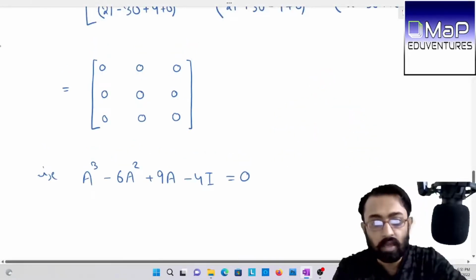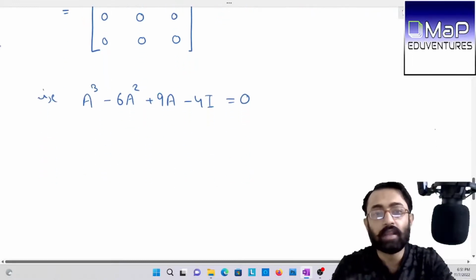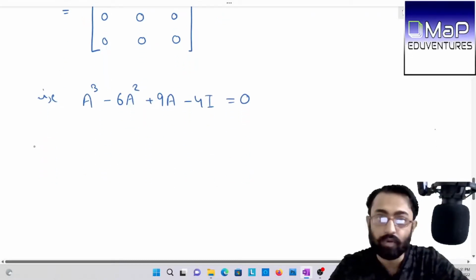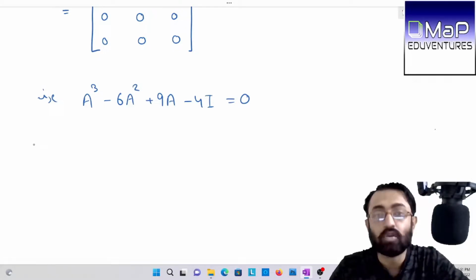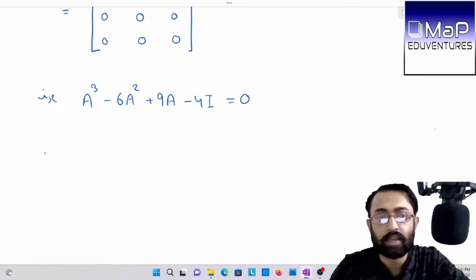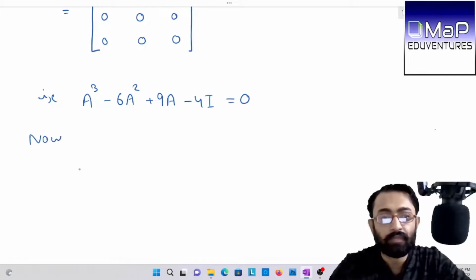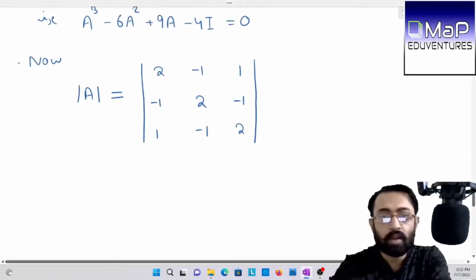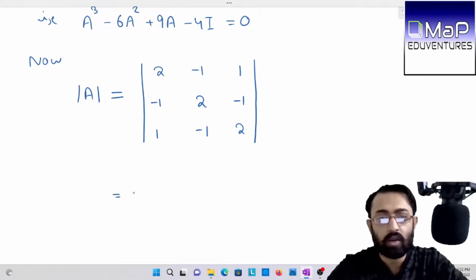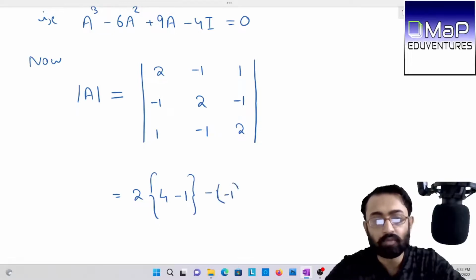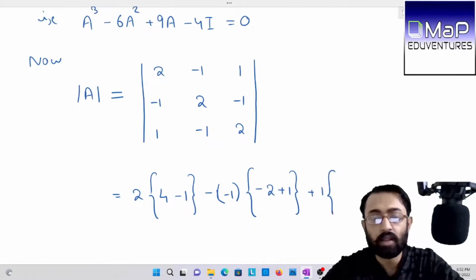First of all, you have to know whether A inverse exists or not. A inverse will exist, we know, if its determinant is not equal to 0. So now let us find the determinant of A. If we expand along the first row, we get 4 minus 1, then minus of minus 1, so we get minus 2 plus 1 and plus 1, and then 1 minus 2.